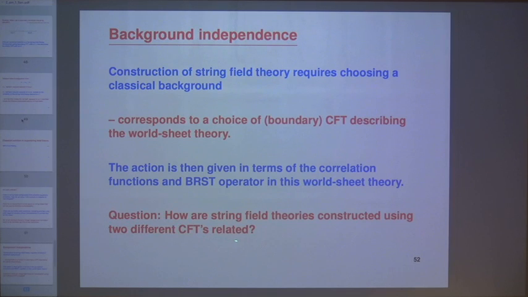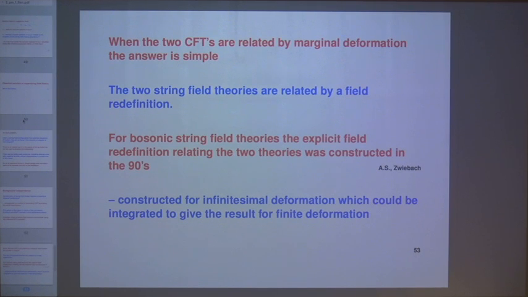And so now the question that one might ask is: how are string field theories constructed using different CFTs related to each other? Now, it turns out that when the two CFTs are related by marginal deformation, the answer is relatively simple.